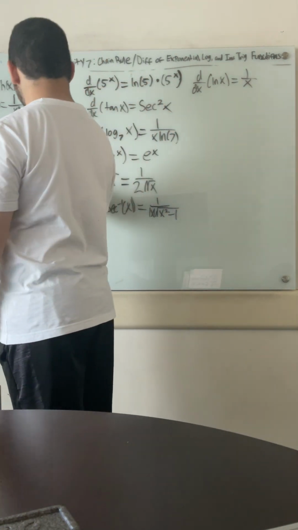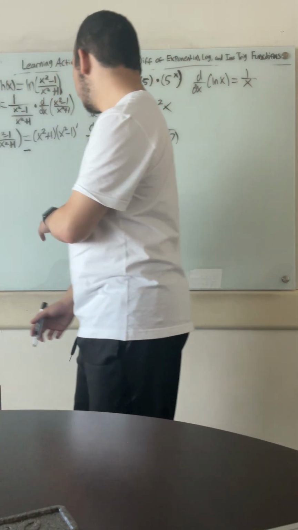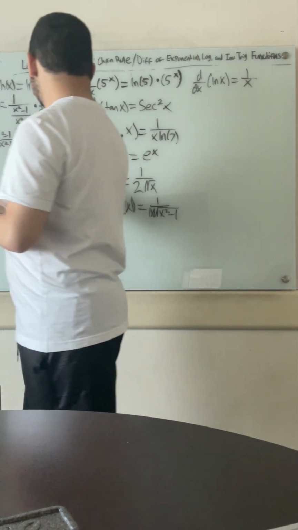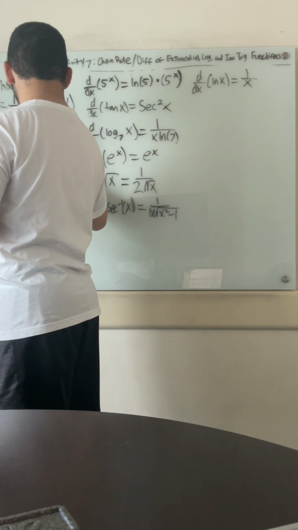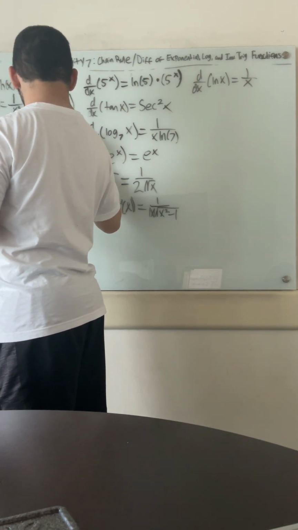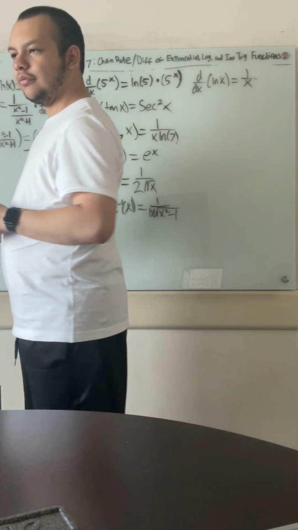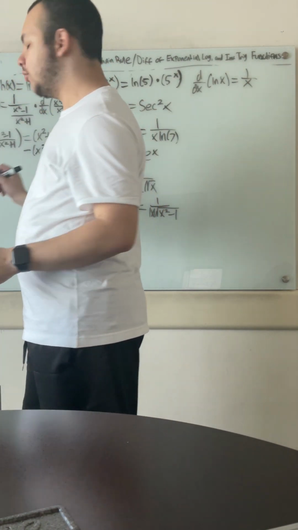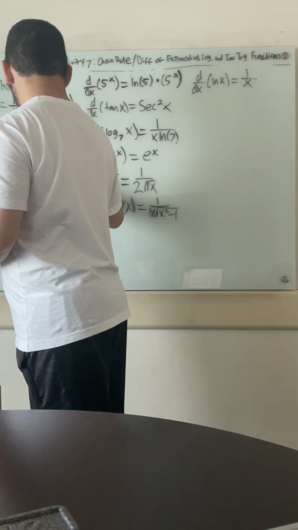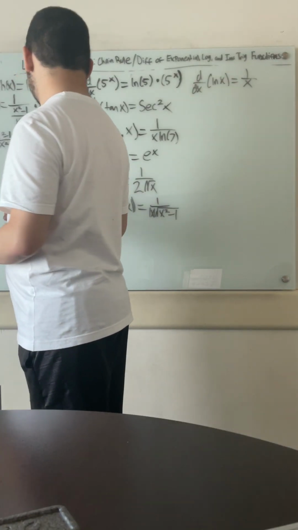And I'm going to continue this right here. So x squared plus 1 times the derivative of x squared minus 1, minus x squared minus 1 times the derivative of x squared plus 1, all over g of x squared, which is going to be (x squared plus 1) squared.